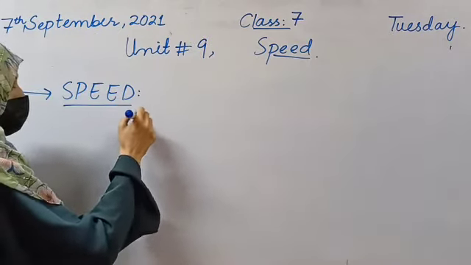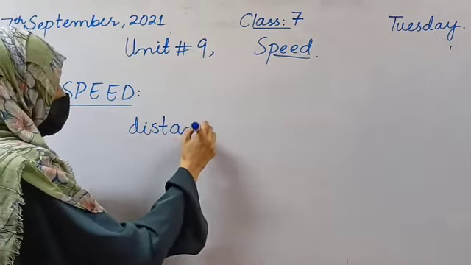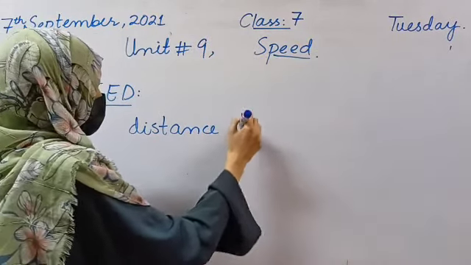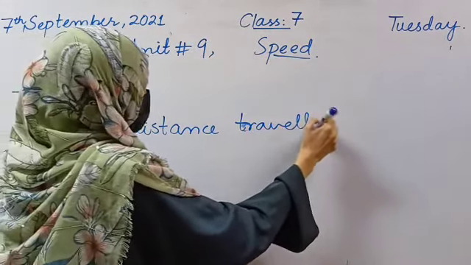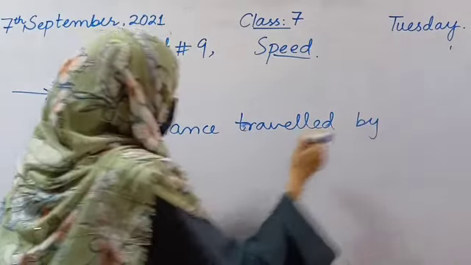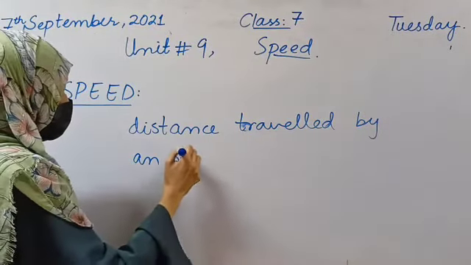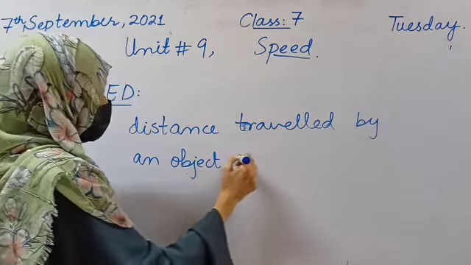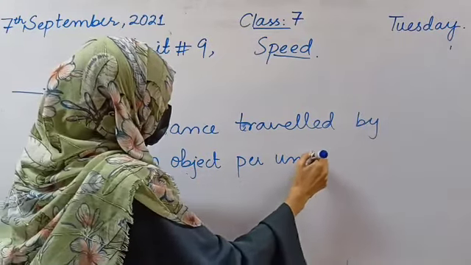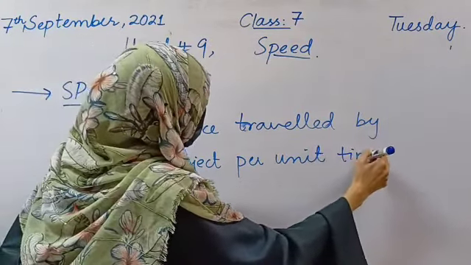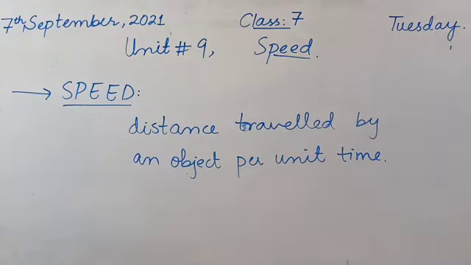Speed is defined as distance travelled by an object per unit time. In 1 minute, in 1 hour, in 1 second, how much distance is travelled by that object. That is called speed.